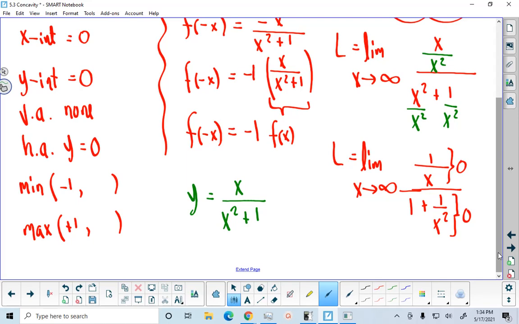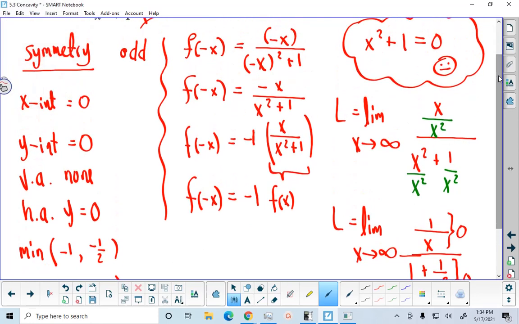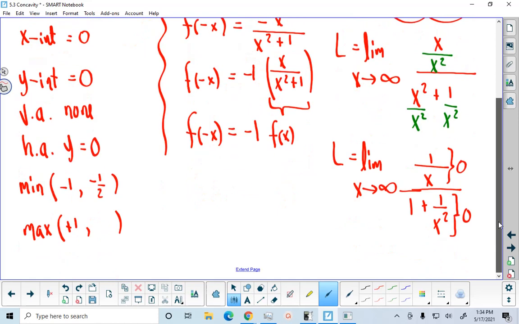So the y coordinate when x is negative 1 is negative 1/2, which means, everybody, I don't even need to look at doing the same thing for the y coordinate at 1, because the function's odd. If the function's odd, then the y coordinates at negative 1 and positive 1 are going to be opposite. So we've got more information added to our list.